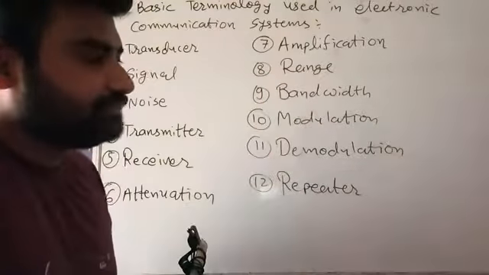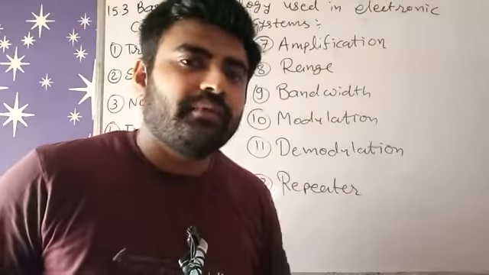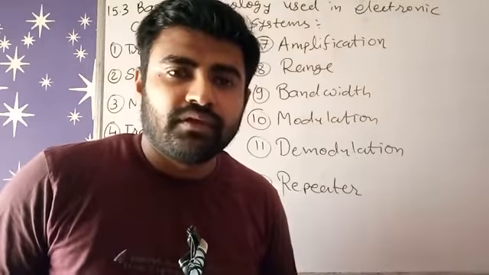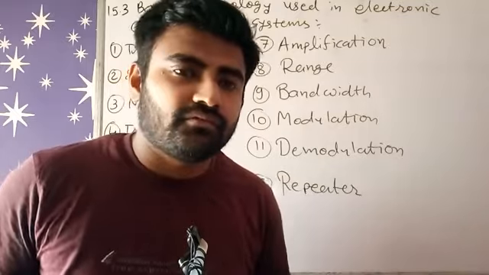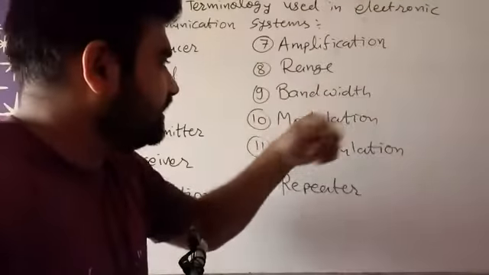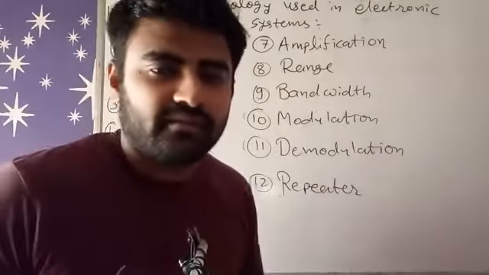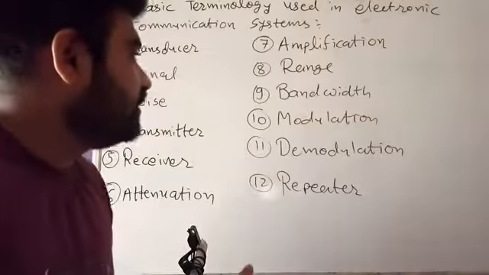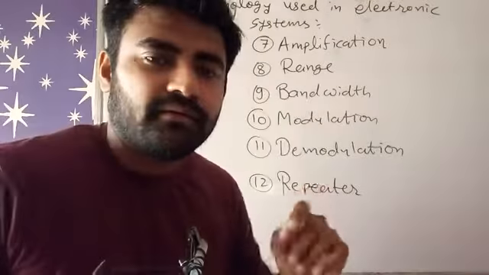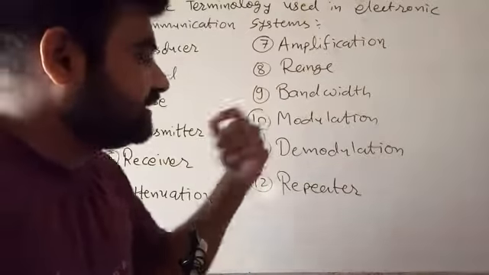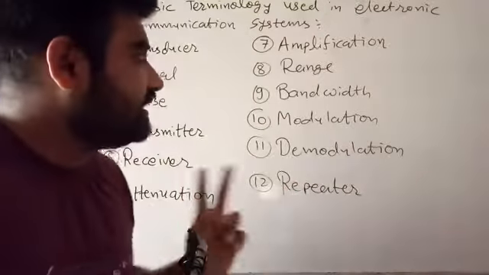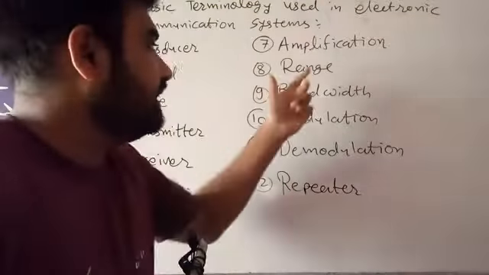Then range means the distance from transmitter to receiver. That distance is known as range, because within that range we have to transmit the signal from one place to another place. One place has the transmitter and the other has the receiver, and the distance between these places is called range.